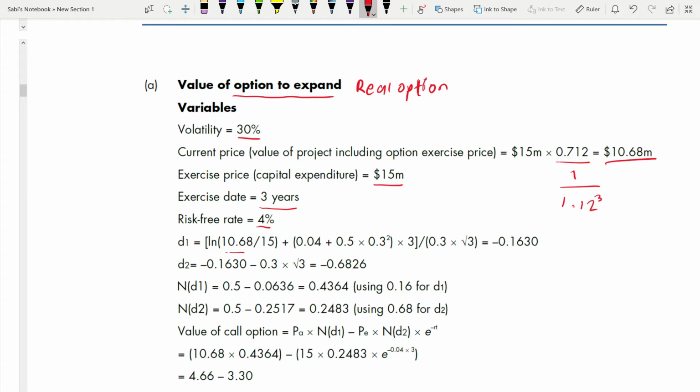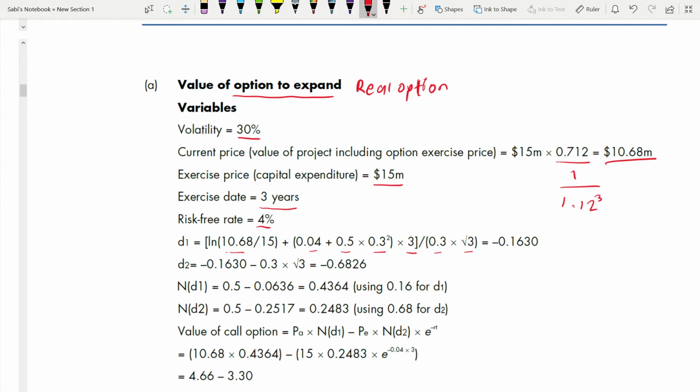Logarithm of that plus risk-free rate 4% plus 0.5, it is fixed 0.5, into standard deviation squared, into T, that is number of years, 3 years, divided by your standard deviation into square root of T for 3 years.